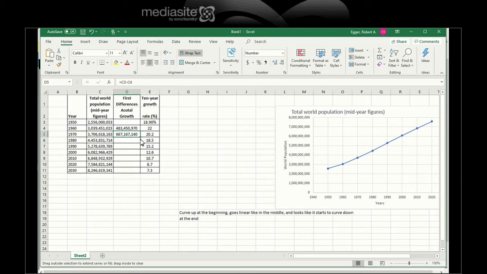I'm just going to use the Excel function to repeat the equation. So let's see what we have here. So for 2000, I'll take the 2000 population, I'll subtract 1990's population from it, for a change of 804 million more people. Okay.